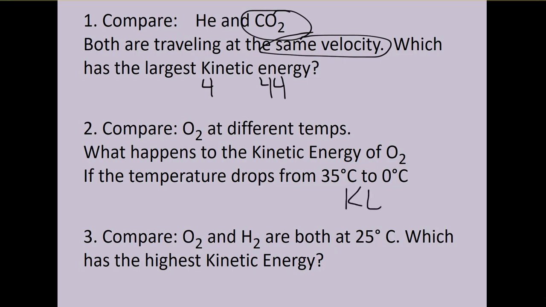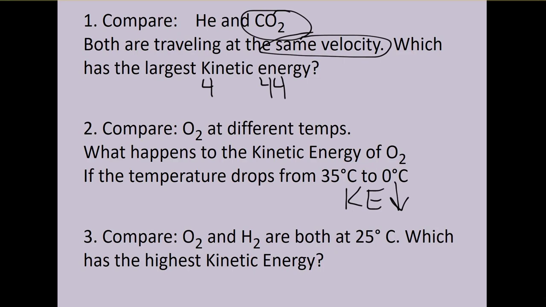So my kinetic energy will drop. So the molecules will be moving slower. The mass stays the same because we're just looking at oxygen. So that might be another question I could have asked: what happens to the speed as the temperature goes down? Because my kinetic energy goes down, then my velocity would also go down.